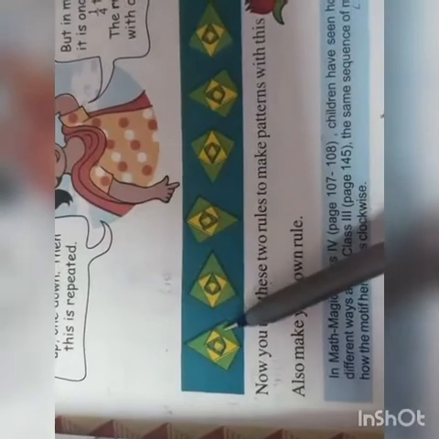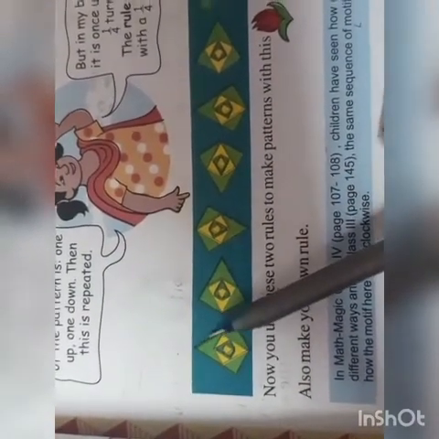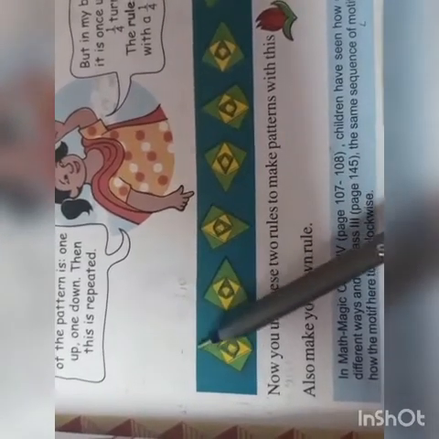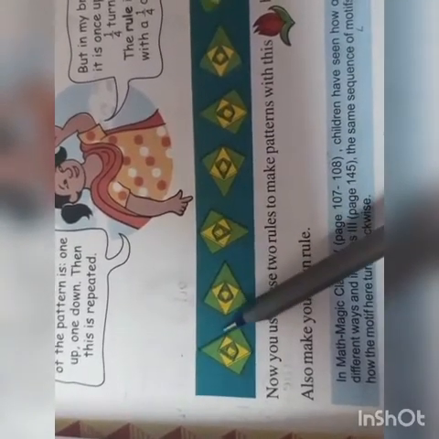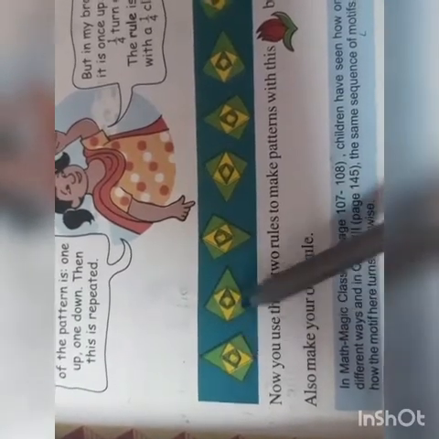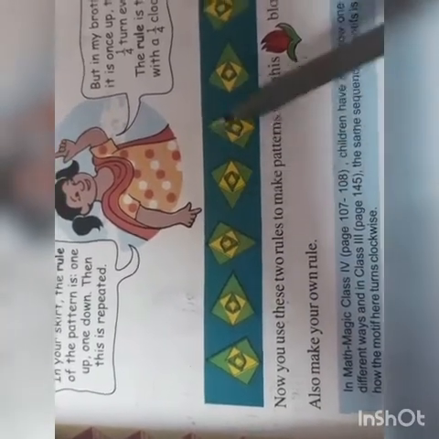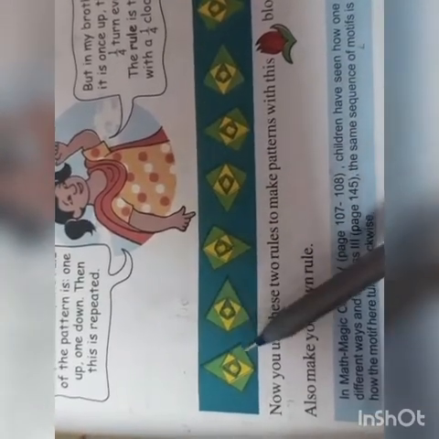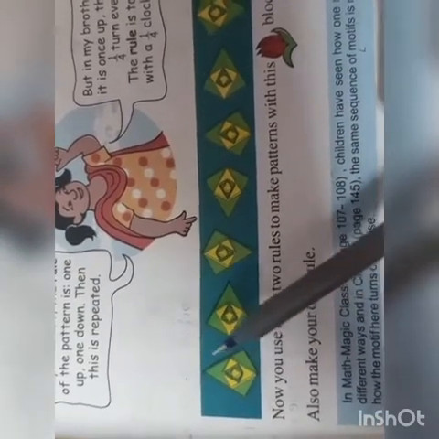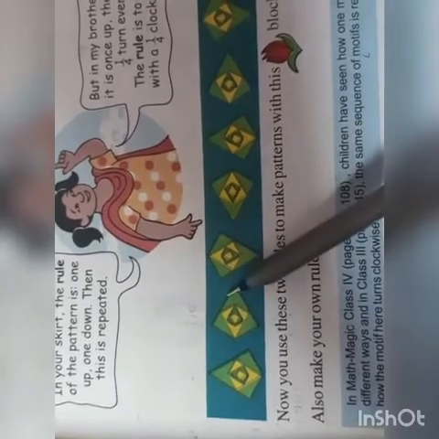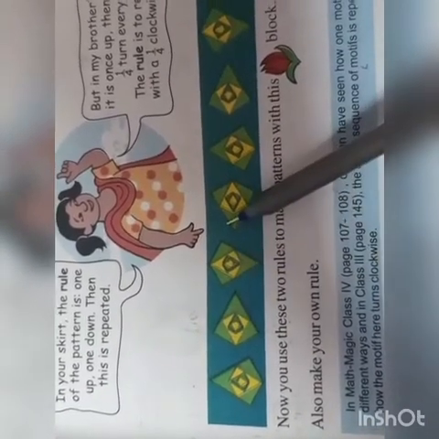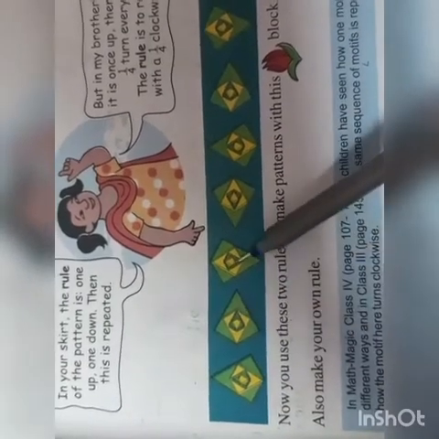Here also you can see the pattern is the same, but the rotation changes. Now instead of half rotation, it is the 1/4 rotation that is given, and then 1/4, then 1/4, then 1/4. So after 1, 2, 3 and 4, the 4 rotations will be complete, and the 5th rotation will be the same as the first one. First the rotation happened like this, then from here it will be like this, then here, then here. That means a total of 1, 2, 3 and 4 rotations.